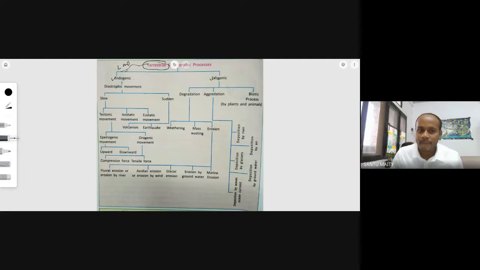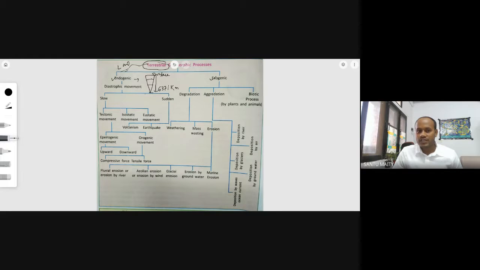What is endogenetic? Endogenetic means the factors which are operating or functioning within the structure of the earth. Based on your knowledge of earth interior, it extends 6371 kilometers from the earth surface to the earth core, and is divided into multiple types: crust, mantle, and core.